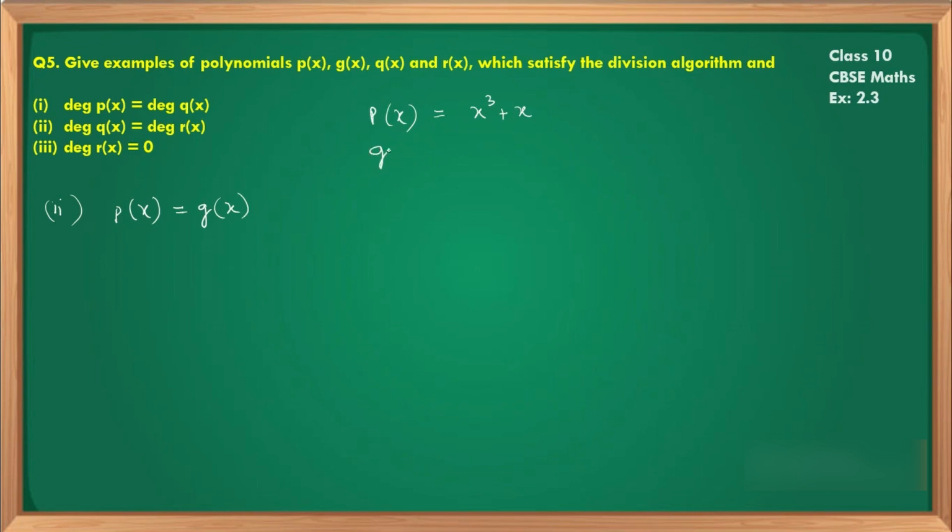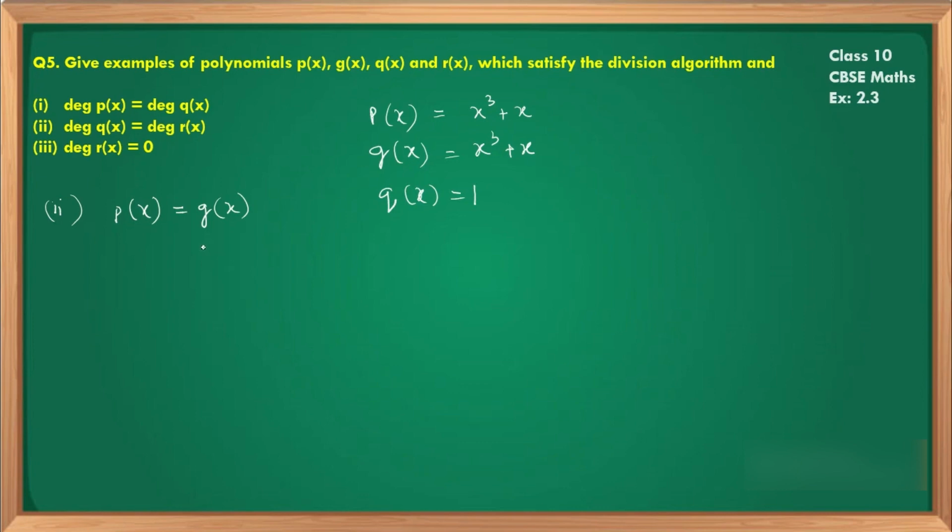Now the gx also should be the same, x cube plus x. This is our example. We can create many more such examples. Now when we divide, definitely when you divide something by the same thing, you get 1. Here qx is 1. Right?